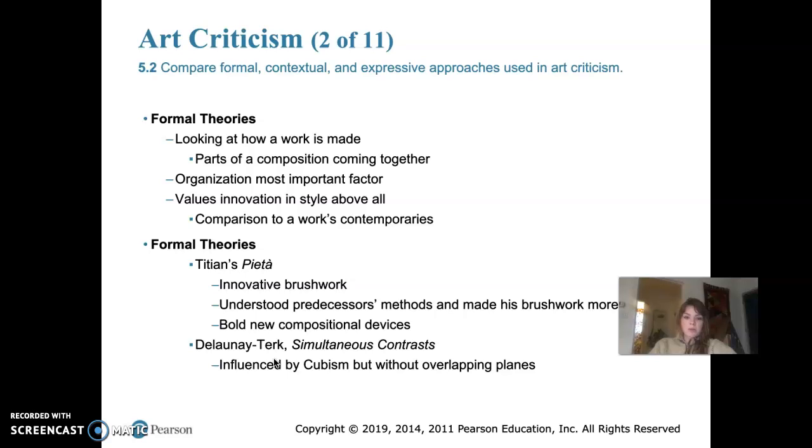And he understood that his predecessors' methods were different than his, but he still went down his own road to make his brushwork look more painterly, and we'll talk about what that means in a minute. And bold new compositional devices, so he used new ways of arranging his canvas and making his composition different than his predecessors.